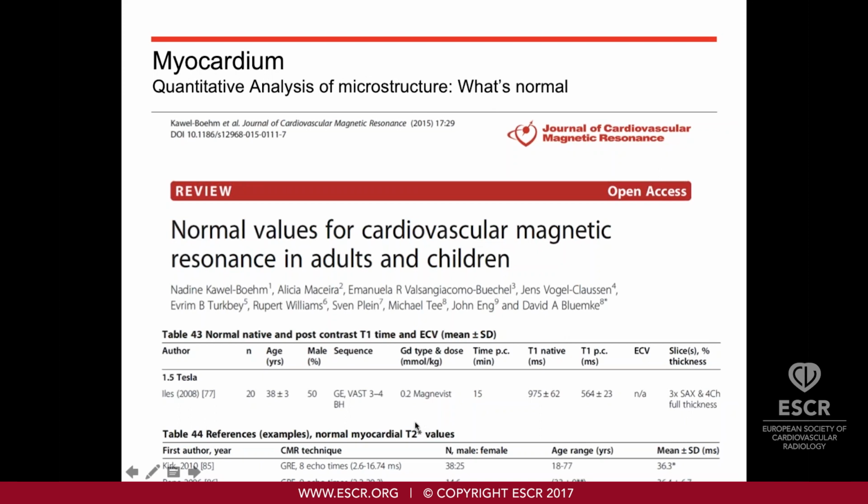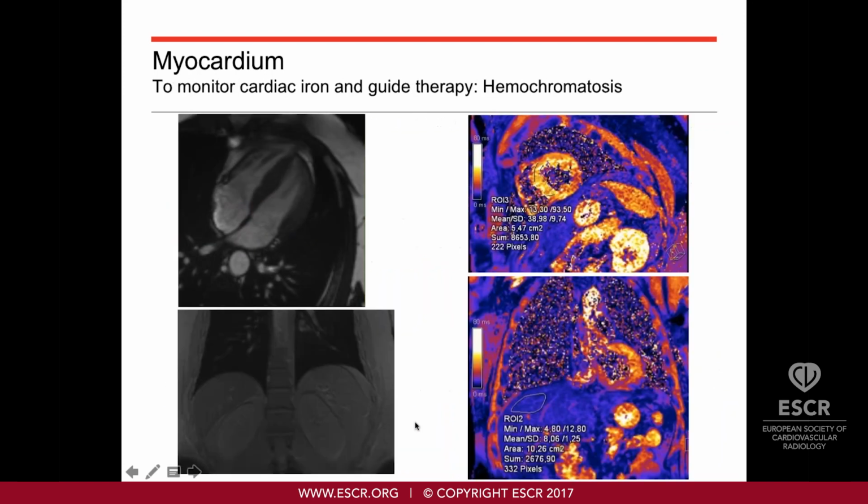In this patient, it's different. Here we have diffuse hypokinesia, as we see here. We have a decreased signal of the liver, normal signal in the spleen, normal signal in the kidneys, and here the T2 star values in the myocardium are 9.9 milliseconds. So this is definitely abnormal, below the threshold of 20 milliseconds.